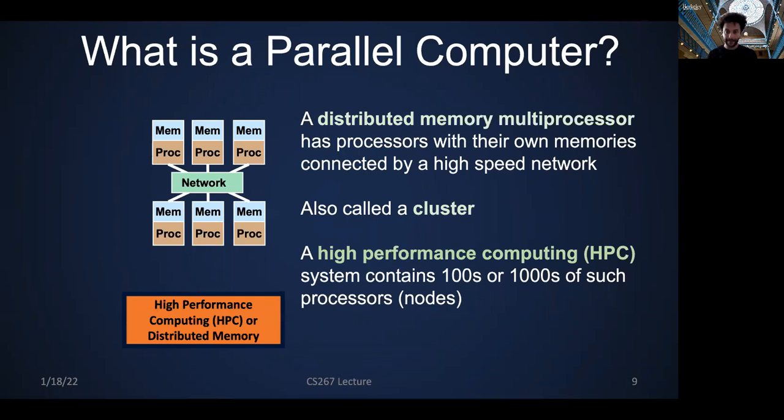These nodes are connected to each other in some sort of cabinet, and the cabinets are connected to each other through some higher level network. So there will be layers of networks connecting these things, and they will scale up accordingly. We'll go over particular architectures of distributed memory machines, historical and contemporary, in the corresponding lecture in a couple of weeks.